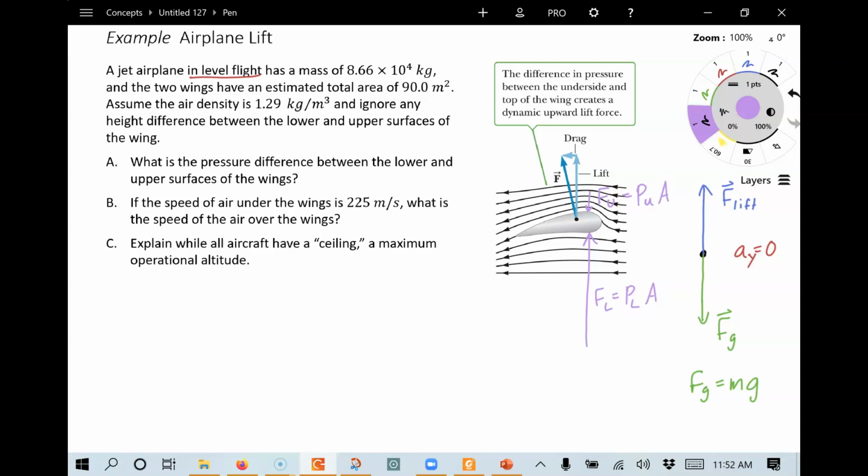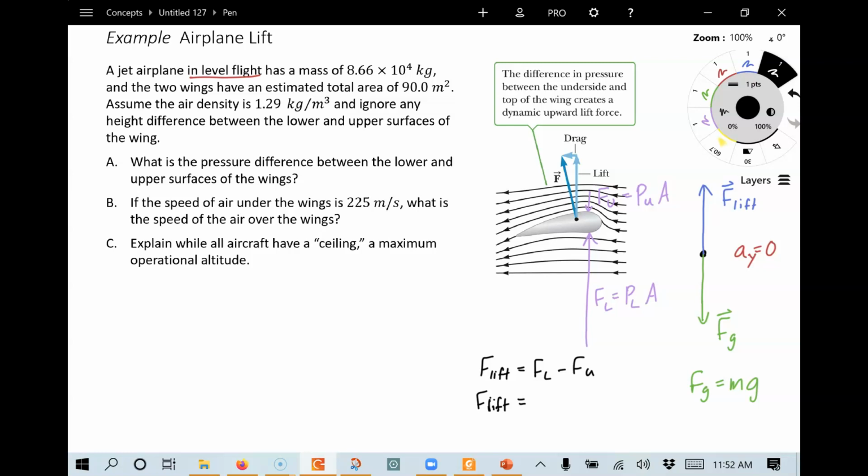And notice that the lift force is the difference of these two. So if I want to write down what the lift force is equal to, F lift, it's going to be F lower minus F upper. Ultimately, we can put those equations in.